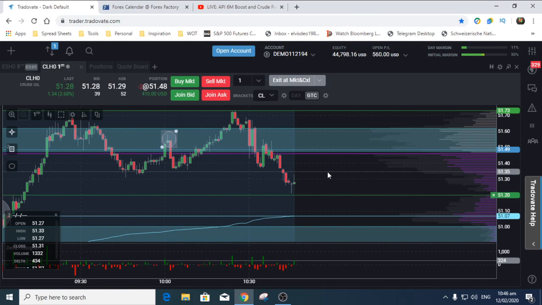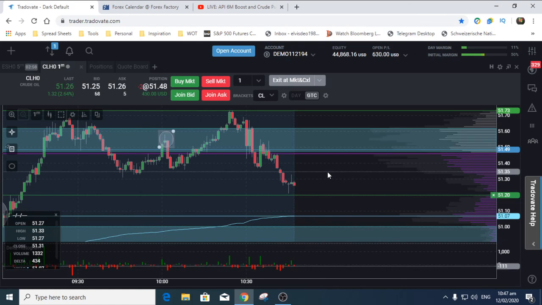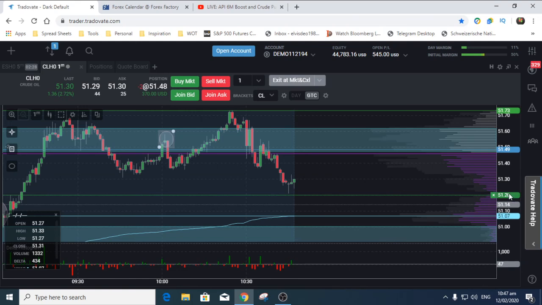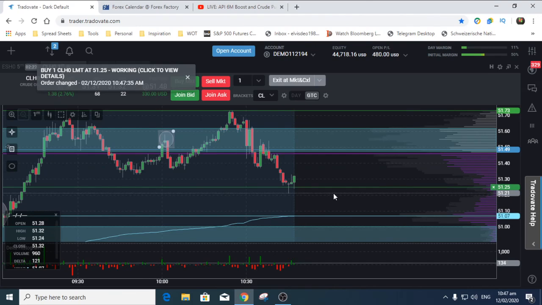You can see where VWAP is located. Make the adjustment. Want to see it doing that. Close off at 25.